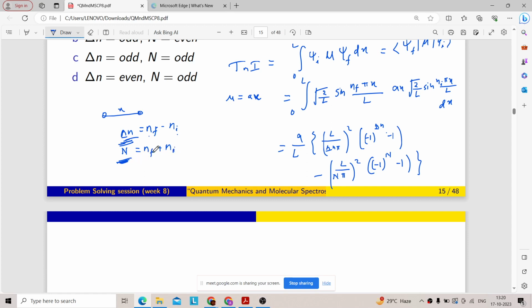If both numbers are even, the sum will be even, and if both are odd, their sum will also be even. So in that case, this minus 1 to the power delta n will become 1. So 1 minus 1 will go to 0, and similarly here, 1 minus 1 will go to 0.